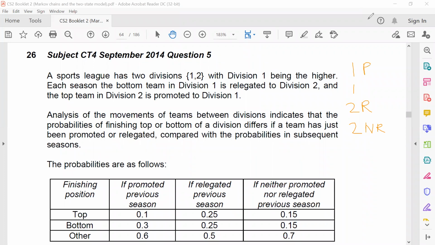In 1 you can either be promoted to 1, or you are not promoted in the previous season. So that would mean you are just still in 1 in the previous season, and you're still in 1, but again you are never finishing in the bottom. So let's say if I start with these states, let's see what happens. Now, if I want to go from 1P to 1NP, what will be the transition rate?